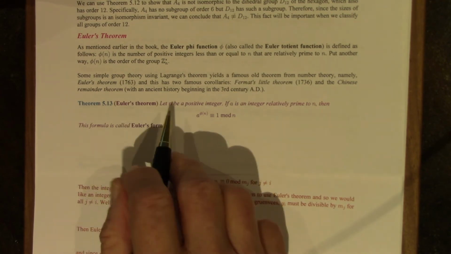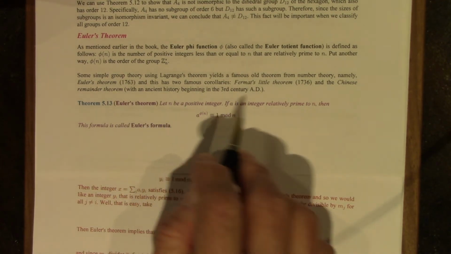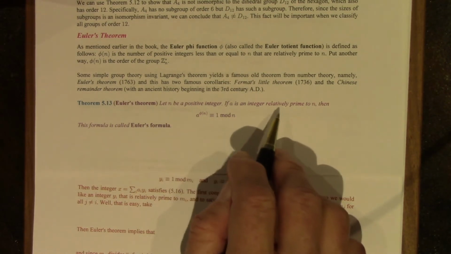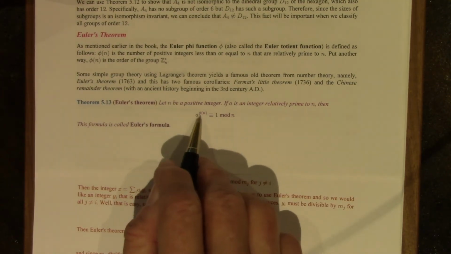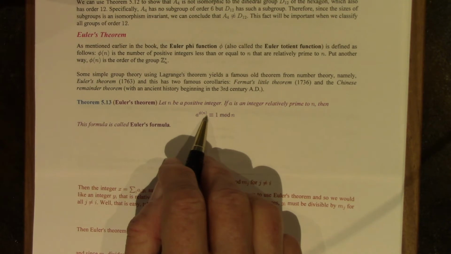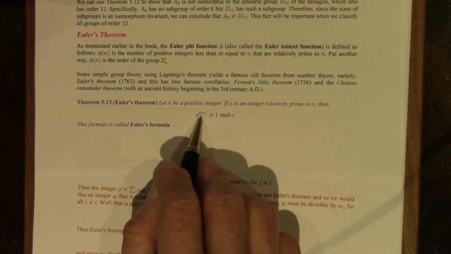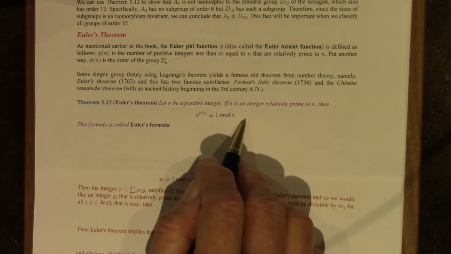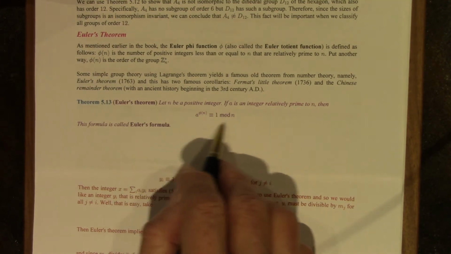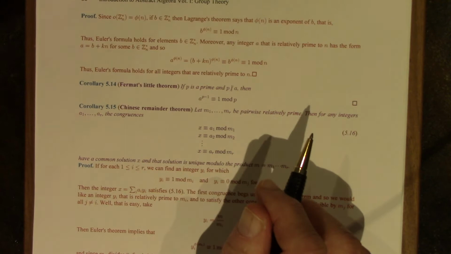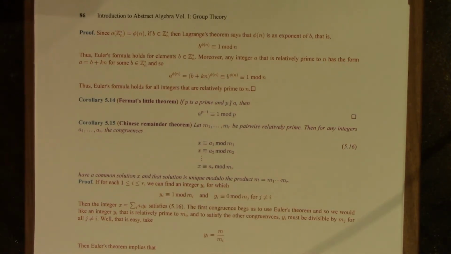Euler's theorem. Let n be a positive integer. If a is an integer relatively prime to n, then a to the power phi of n, that's the Euler phi function, is congruent to 1 mod n. And this is called Euler's formula. Here's how we would prove it, now that we know some group theory.